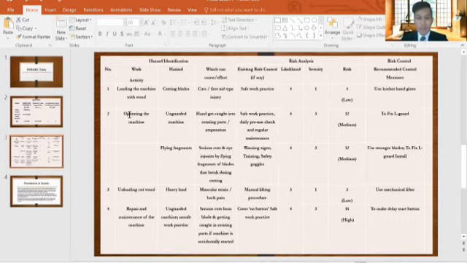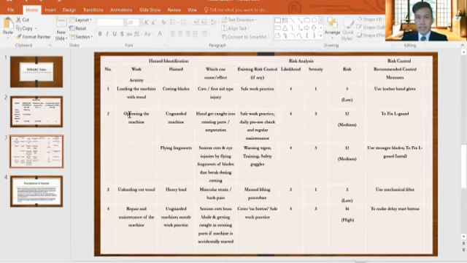And finally, for the last work activity, which is the repair and maintenance of the machinery, the hazards identified here would be an unguarded machinery as well as an unsafe work practice. This matter could cause serious cuts from blades and getting caught in rotating parts if the machine is accidentally started.